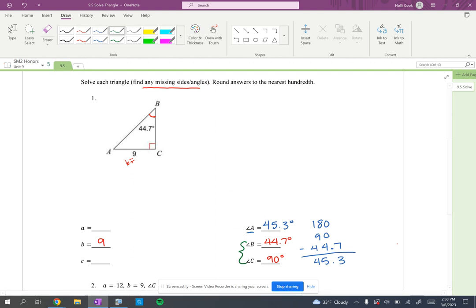Okay, now let's look at our sides. There's lots of different ways that you can set this up. You can use whichever angle. We just found angle A to be 45.3. You can use angle B that you already have. It doesn't matter. You can choose what you want to do. So let's look at using the angle B that we already have. We've got 9.